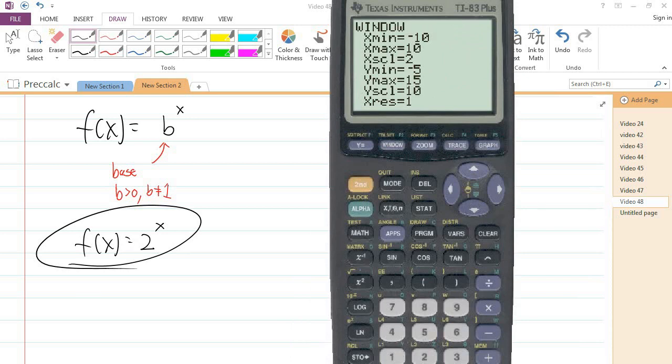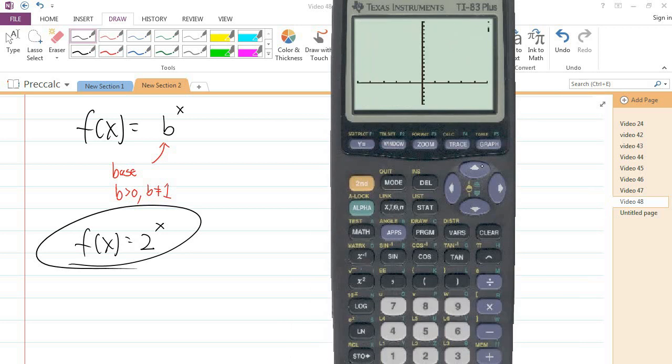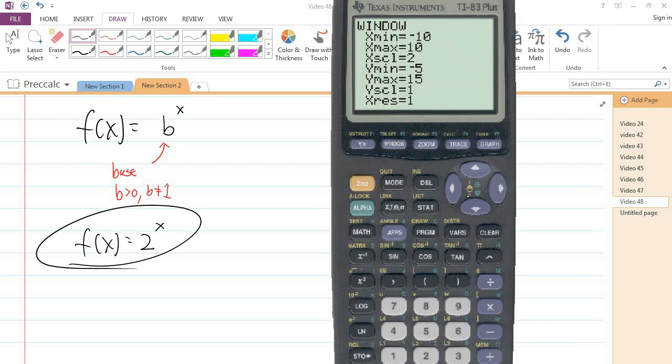And we'll go a mark every one and a mark every one. Okay. So there's the graph of 2 to the x.